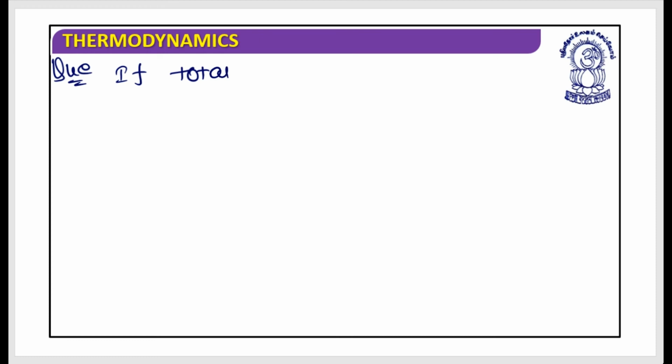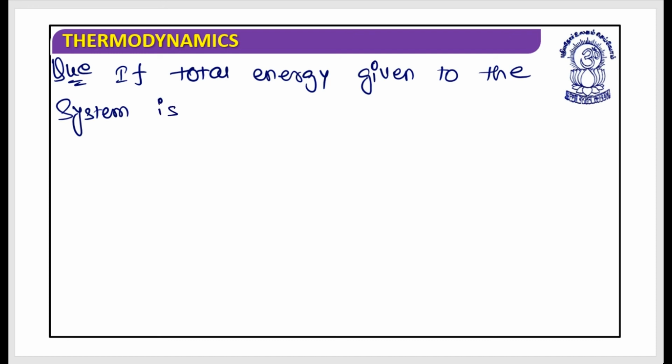Now let's look at a very important question. If the total energy given to the system is delta Q, within which delta U has been used, let me rewrite this.